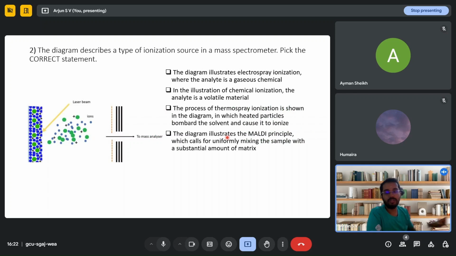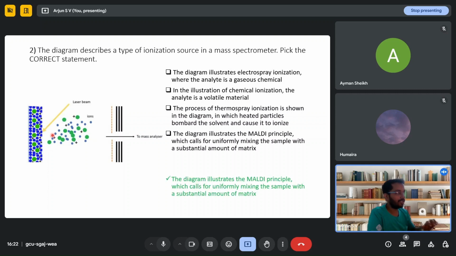Same. The diagram describes a type of ionization source in a mass spectrometer. Pick the correct statement. So this also we discussed in the previous problem statement. This illustrates the MALDI principle, which is the matrix associated laser desorption ionization.